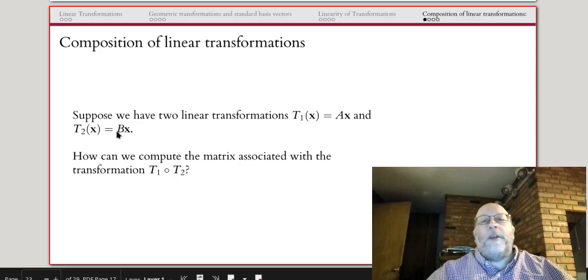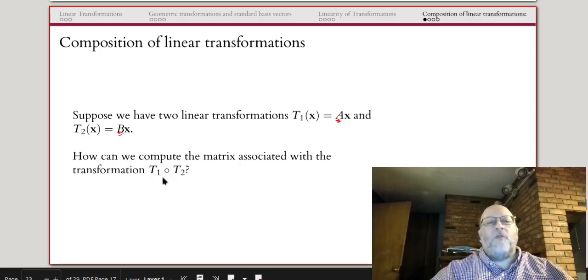Let's say we have 2 linear transformations. A is the matrix associated with the first transformation, and B is associated with the second transformation. Is there a way that we can compute the matrix associated with the composite transformation, T1 composed with T2?